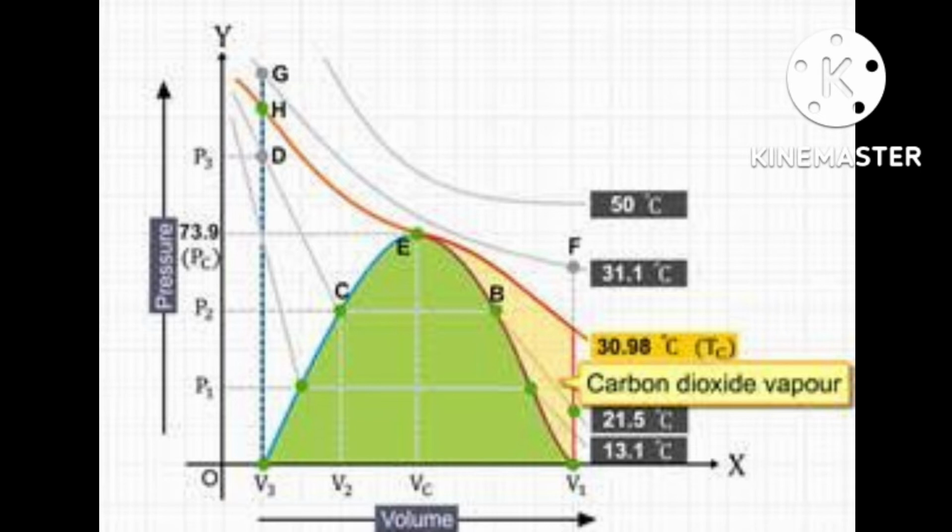Here, in this dome, the gaseous molecules were in this volume, decreasing from high to low, and it took the shape of a dome.